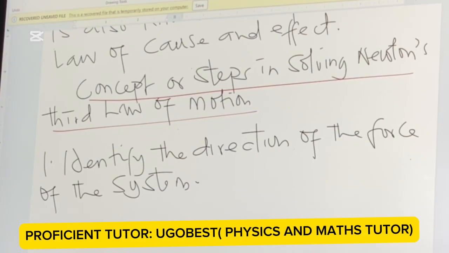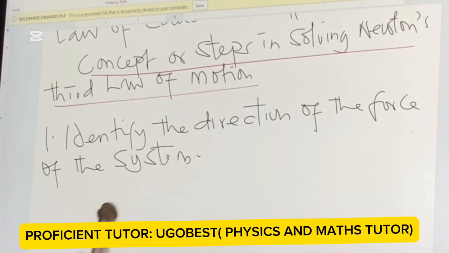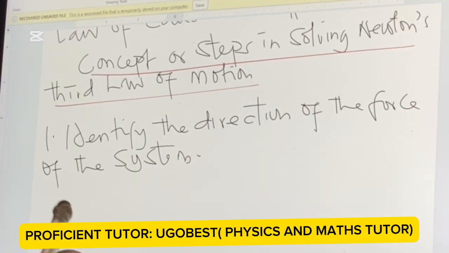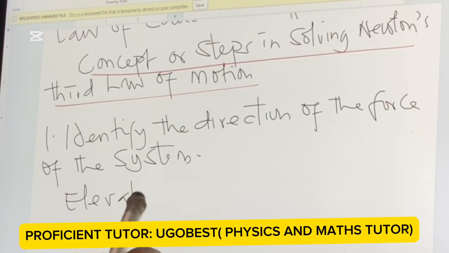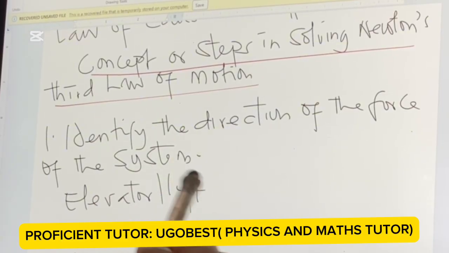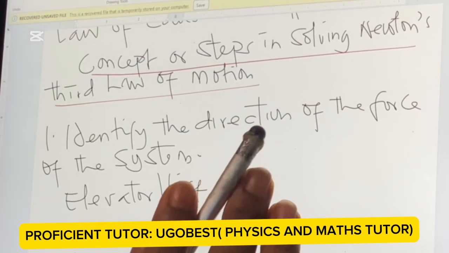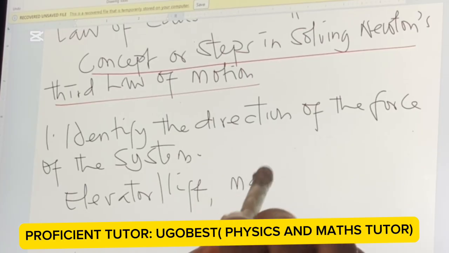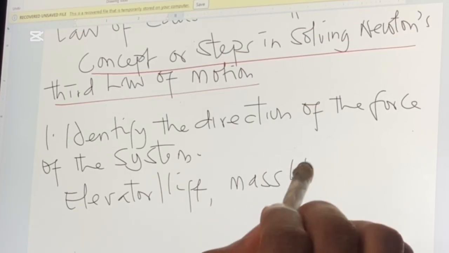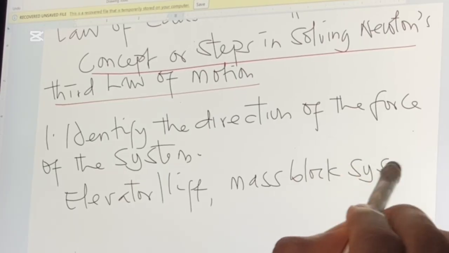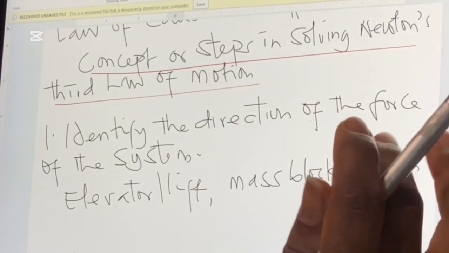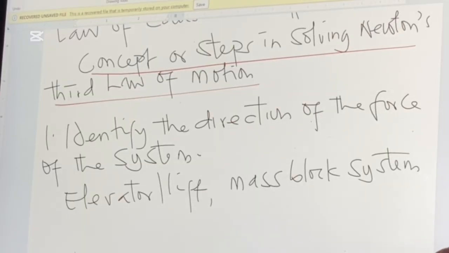Now let's understand this first concept. But before that, let's know the systems that obey Newton's third law of motion. The first system is the elevator or lift. The second system is the mass block system.